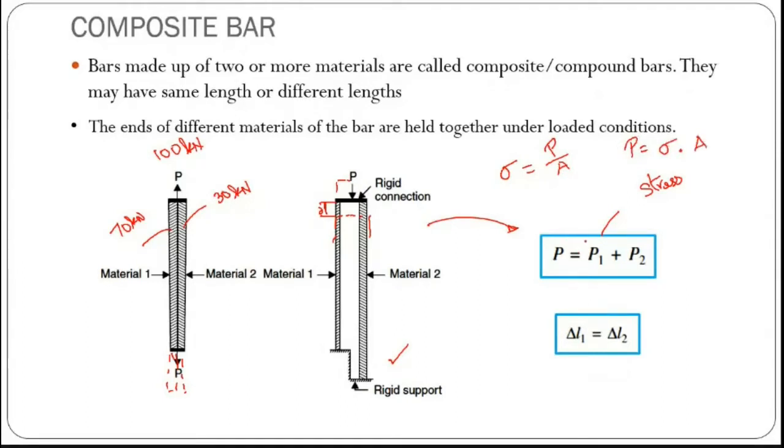So this is my formula. Let me apply it here. In that case, your P will be equal to sigma 1 A1 plus sigma 2 A2.